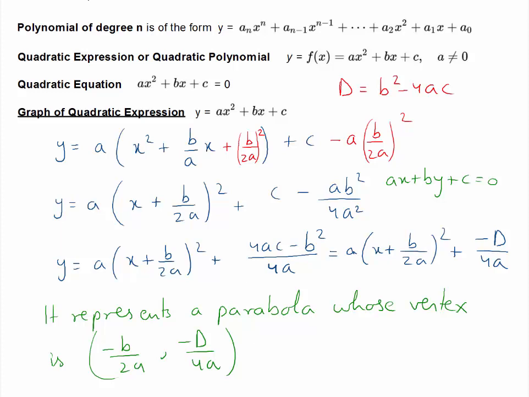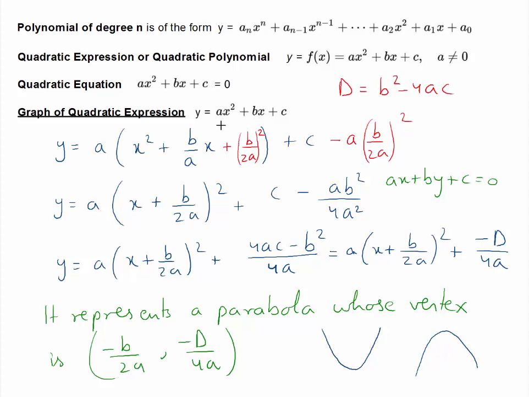Now parabolas are of the shape like this or like this. This is called an upward parabola because it's opening in the upward direction. Such a shape is called a downward parabola because it's opening downward. So such shapes are called parabolas.